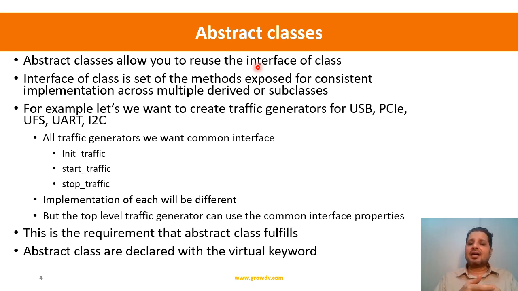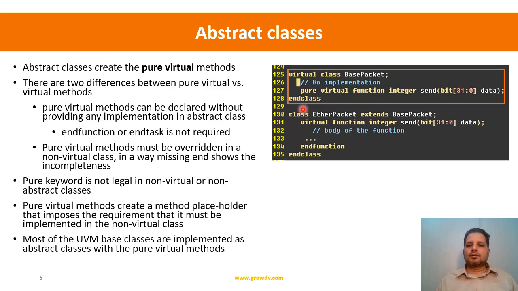And abstract classes are declared with the virtual keyword. So we will look at that in the next slide. Here we look at a definition of an abstract class. An abstract class is defined with this: virtual class base packet. So this is how you define it.